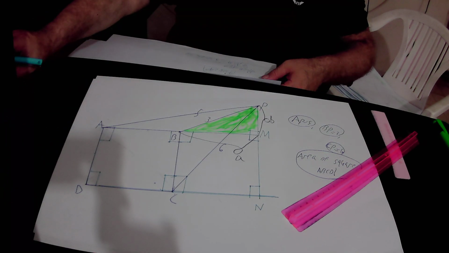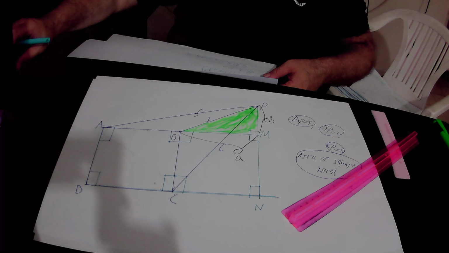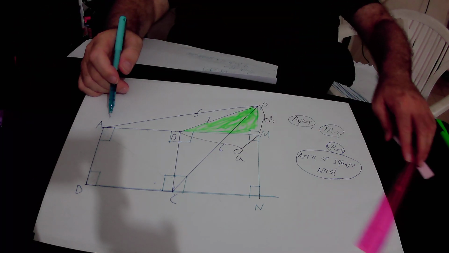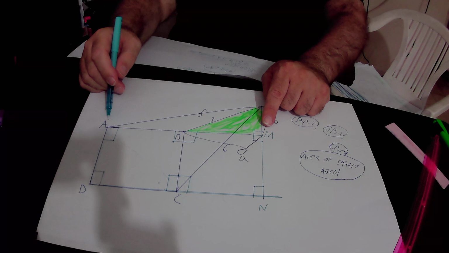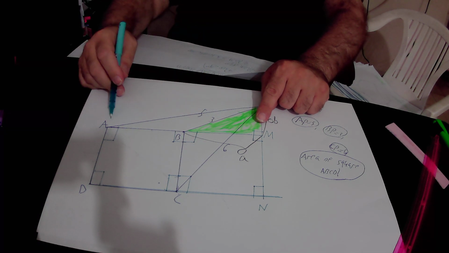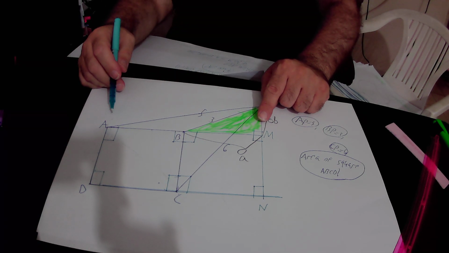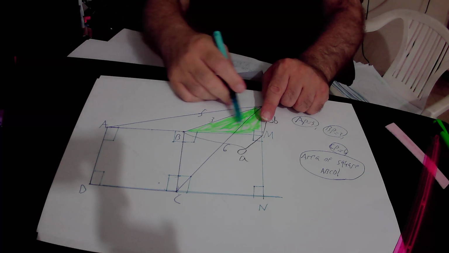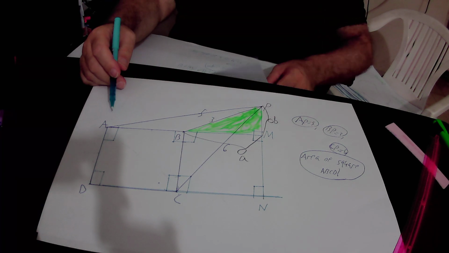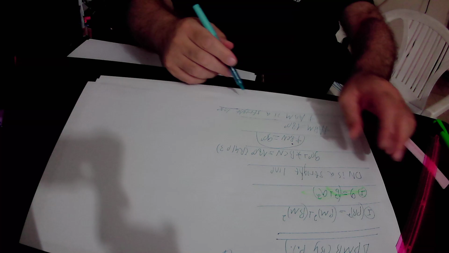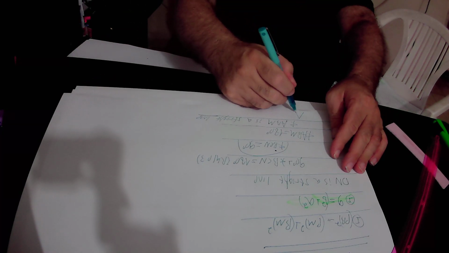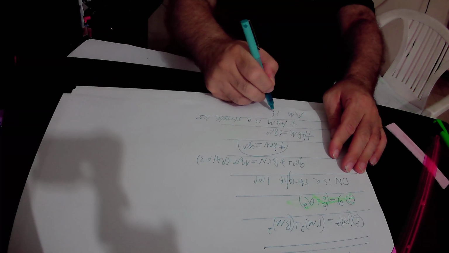So, if angle ABM is a straight line, then line segment ABM is a straight line, and if line segment ABM is a straight line, it means that AM is also a straight line. So I write it down, AM is a straight line.